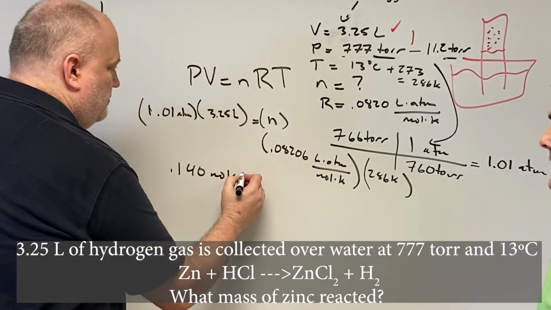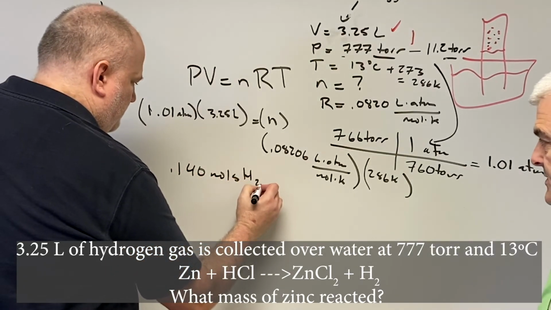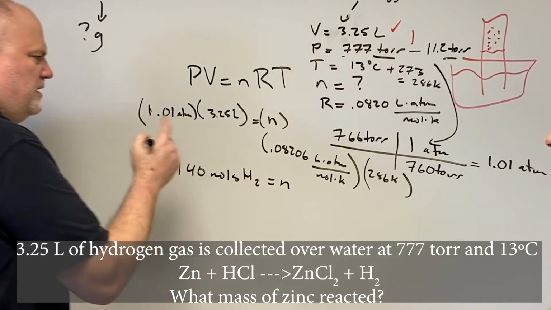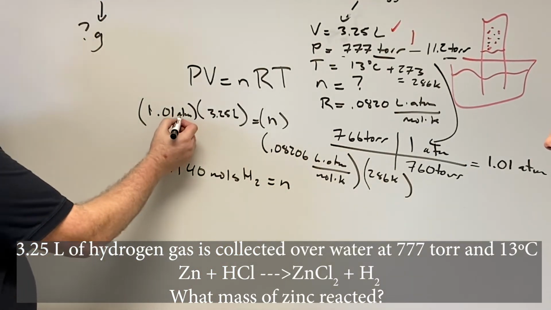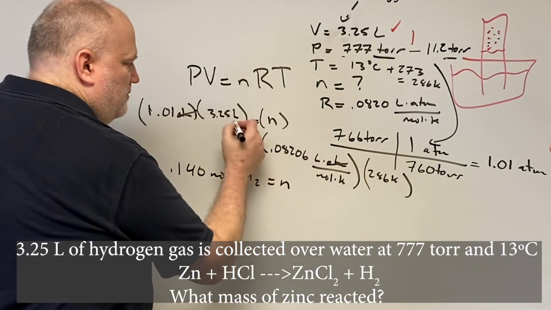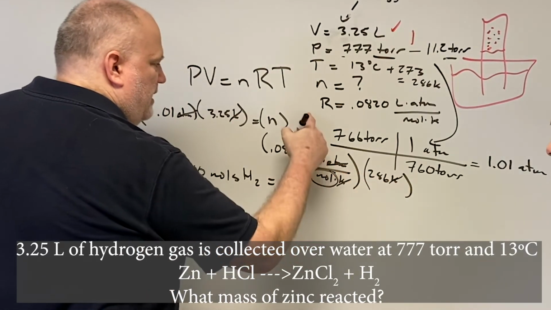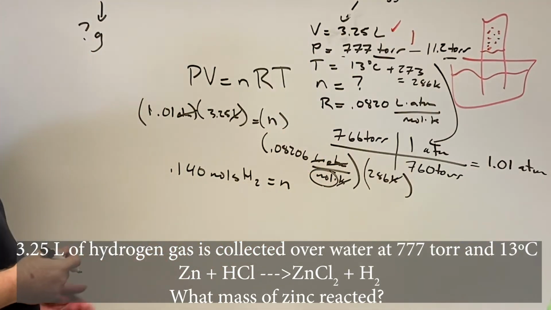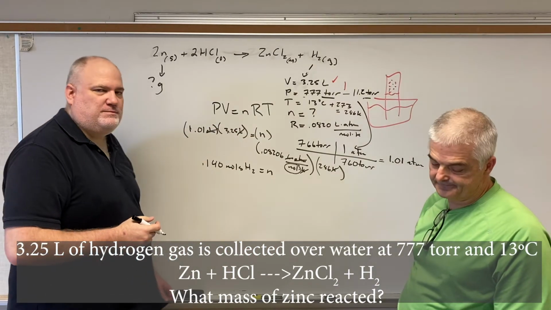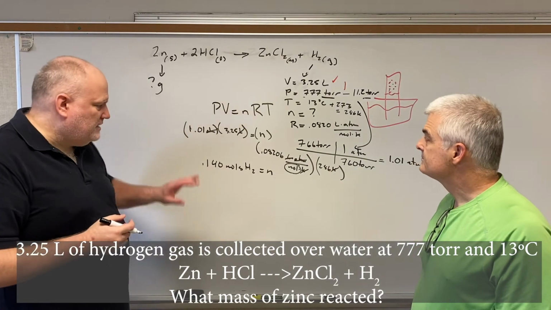And that's moles of what? Hydrogen gas. Just in case you're wondering, for canceling purposes, we have atm here, atm here, L here, L here, K here, K here. Our moles, it's 1 over mole, which is the same as dividing by a reciprocal. But this is our number of moles.